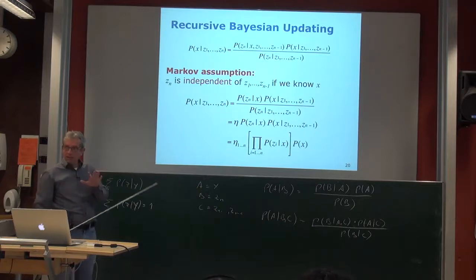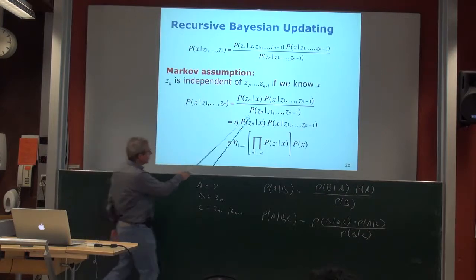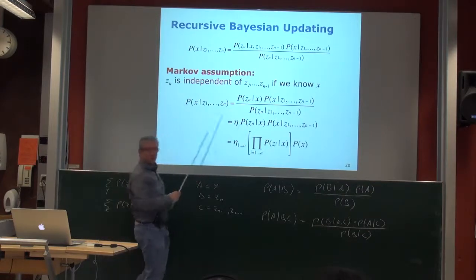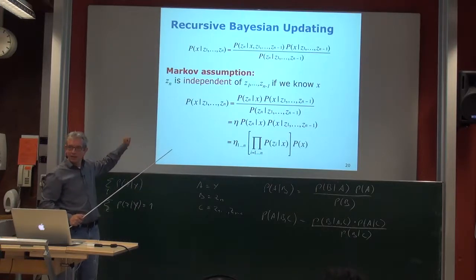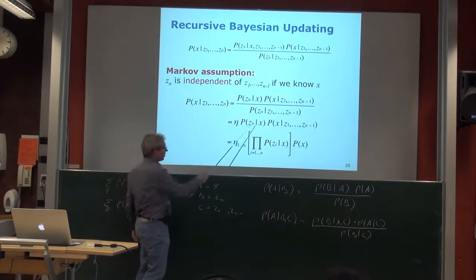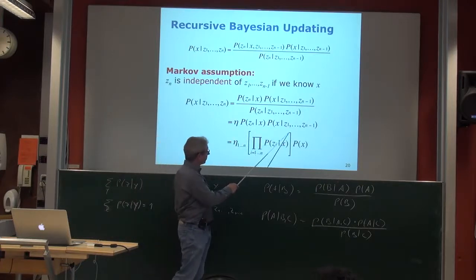But fortunately, we have the constraint that the left-hand side needs to sum up to 1 over all X. So we can replace this term by this constant over here, which just makes sure that the left-hand side sums up to 1. We can drop this term down here, and we end up with this equation: eta times P of Zn given X, times this prior over here, which is P of X given Z1 to Zn minus 1.